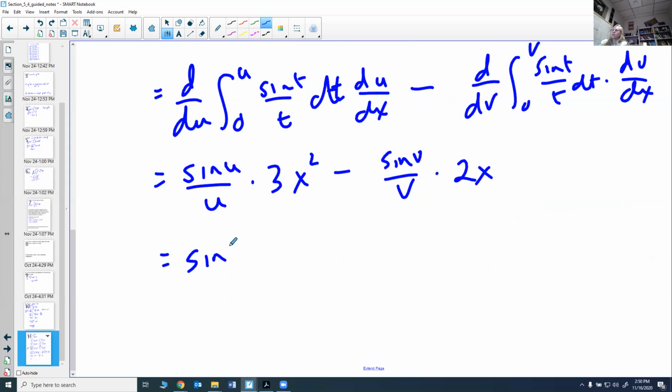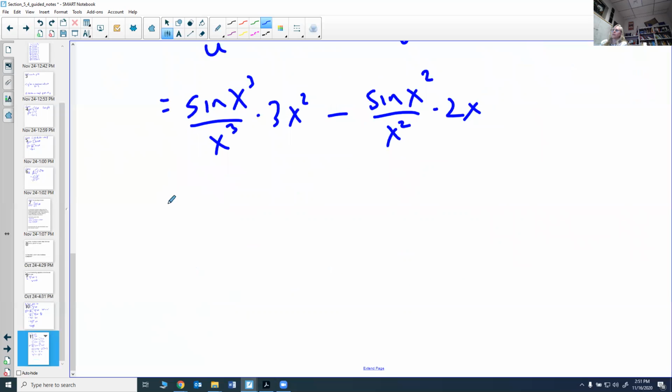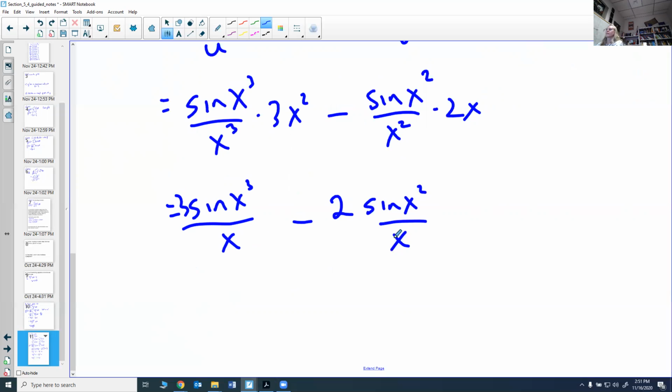So we have sine of x cubed over x cubed times 3x squared minus the sine of x squared over x squared times 2x. And then you just simplify this. So that gives you 3 sine of x cubed over x minus 2 sine of x squared over x. And there's your derivative.